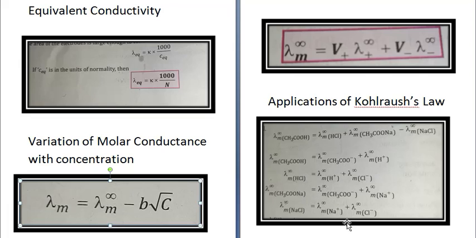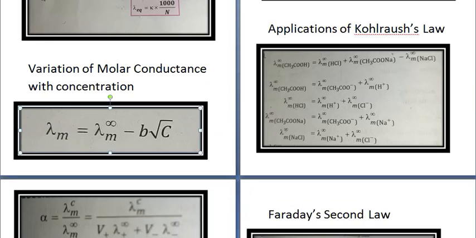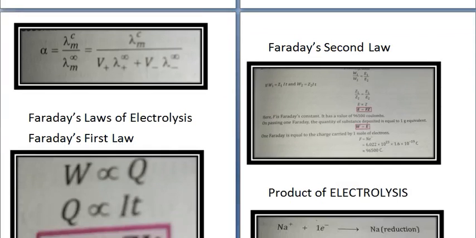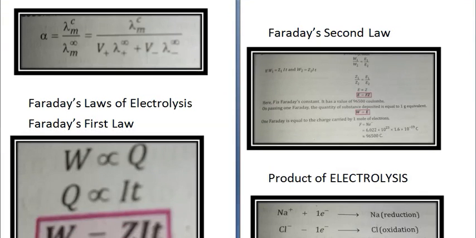So you will get the lambda m infinity of CH3COOH as lambda m infinity of CH3COO minus plus lambda m infinity of H plus. So this way you can compare it with others and find out the lambda m infinity for weak electrolytes.